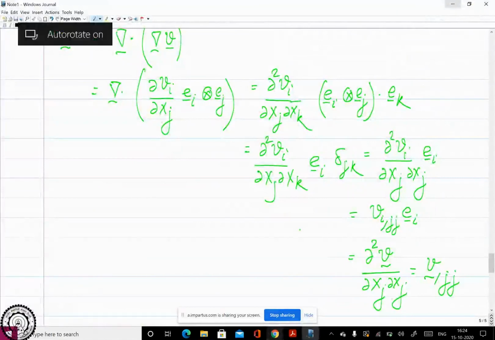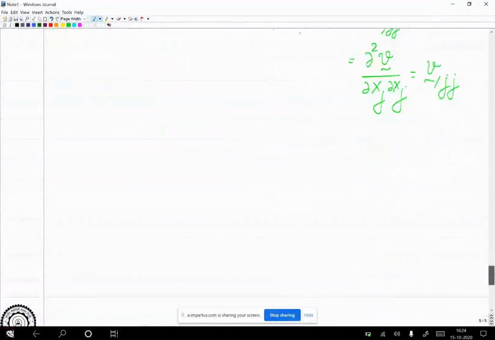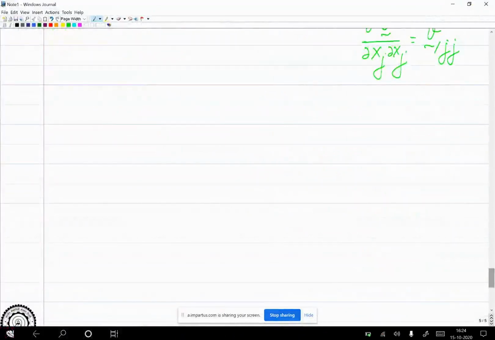So that was Laplacian. And there are, likewise, several things. But let's do what is now called Gauss divergence theorem. That's also a very important thing. So till now we talked about differentiation. We'll now talk of integration.